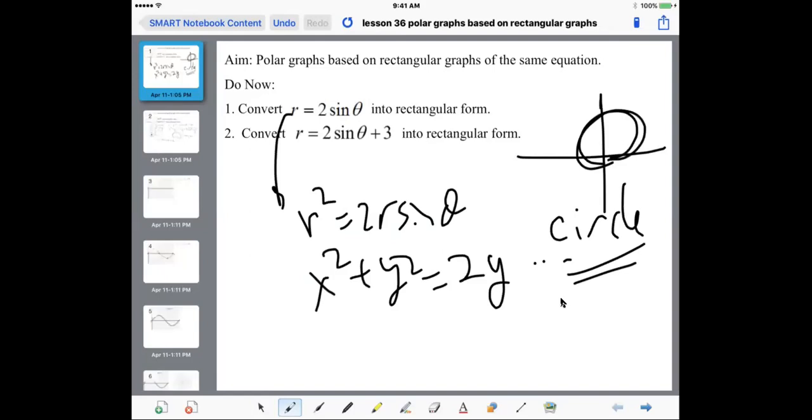Now, when you throw a plus 3 at the end, we run into a problem. Doesn't it? Why doesn't it just make a plus 3 here? That wouldn't be so bad. But it doesn't. Why not? That's right. The plus 3 would turn into a 3r here.